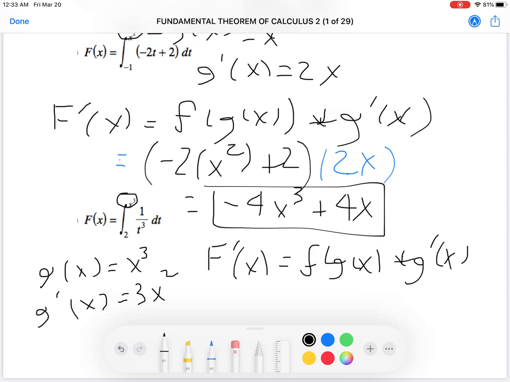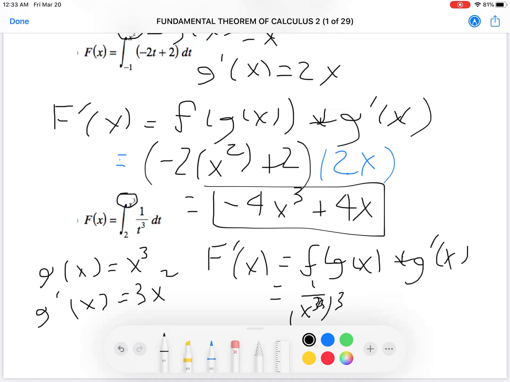Now, f of g of x tells us that when we see t, we plug in x cubed. So this would be 1 over x cubed, and we have to cube that again.